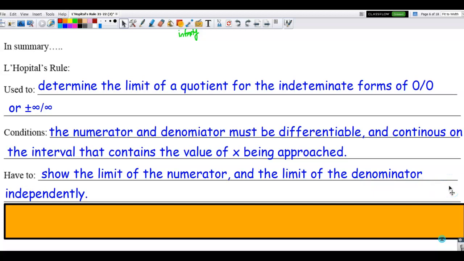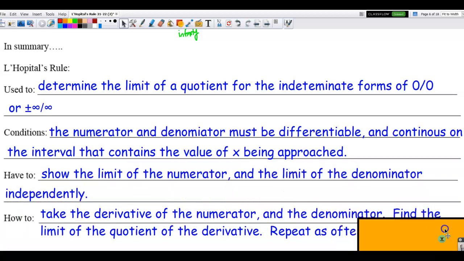Do not write 0 over 0 or infinity over infinity. Show those limits independently. And then what do you do once you have met all these criteria? Take the derivative of the numerator, take the derivative of the denominator, find the limit of the quotient of the derivatives, and repeat as often as necessary.